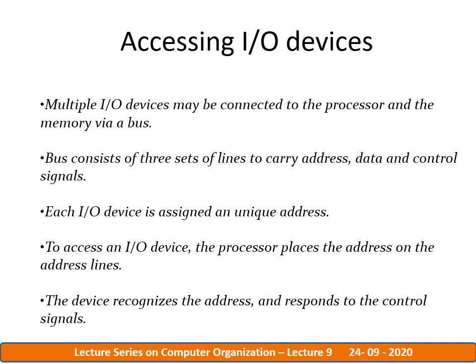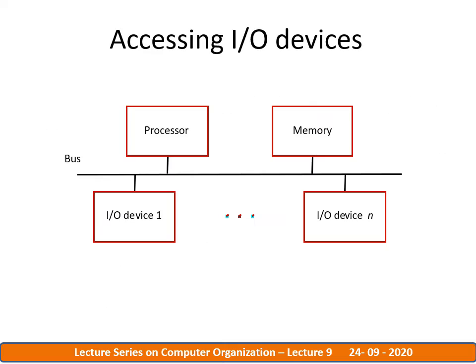Look at the diagram: the processor, memory, input device 1, input device 2 and input device n are all connected to a single common bus, in which the processor, memory, and all the IO devices share information through the common bus.